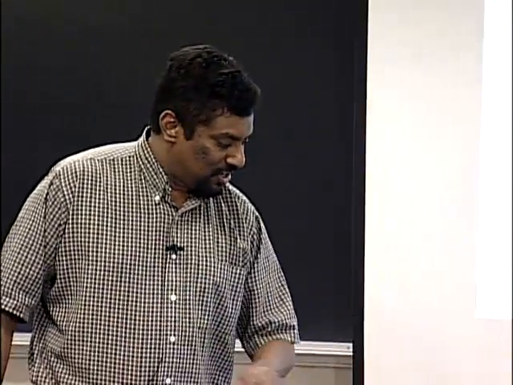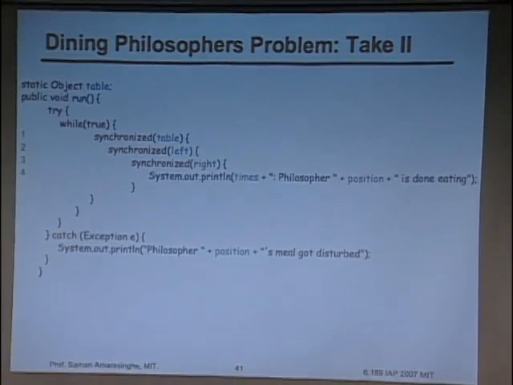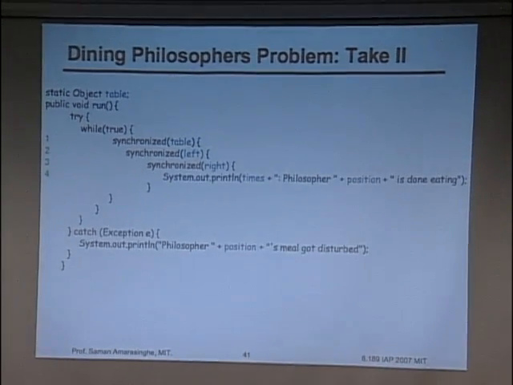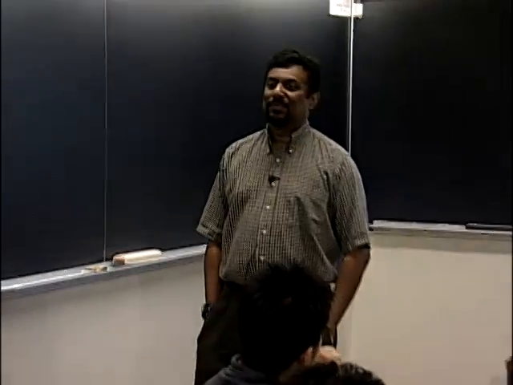The second way to solve that is this. You say, okay, the problem is everybody trying to pick up a chopstick. I will put in a unique object, a table, and if anybody wants to eat, they need to own the table. What will this do? It prevents 2 people who wouldn't normally interact from eating at the same time.